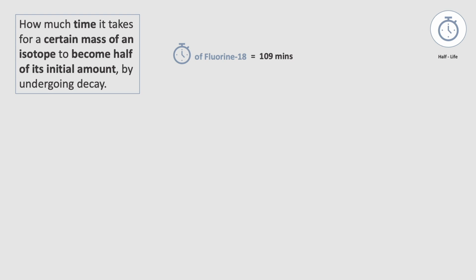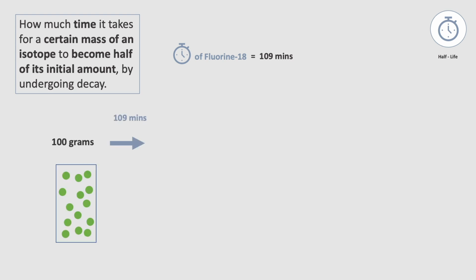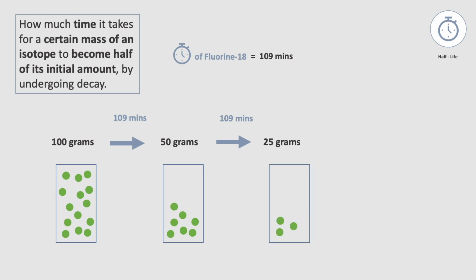If we start with 100 grams of F-18, after 109 minutes, we will only have 50 grams left. After another 109 minutes, we'll only have 25 grams left. And after another 109 minutes, we'll only have 12.5 grams left. I think you understand the concept.